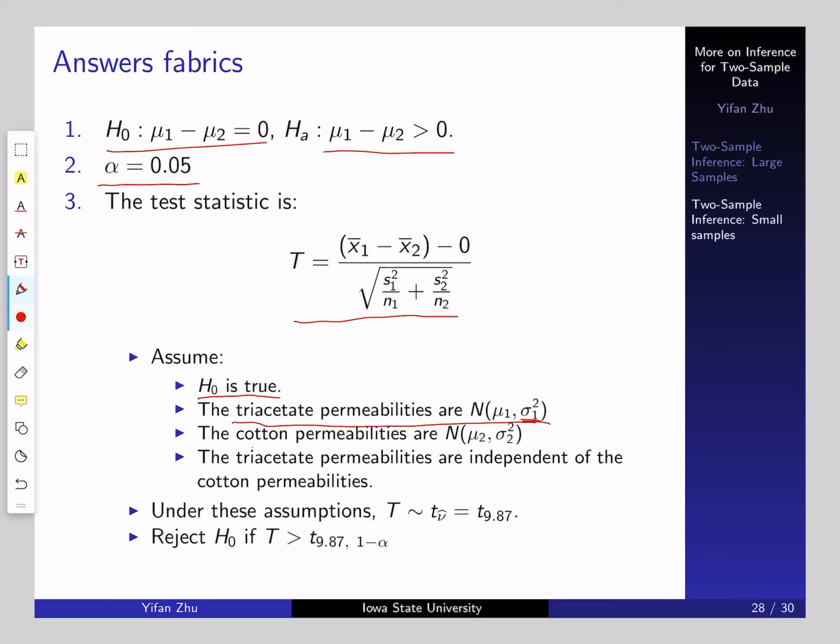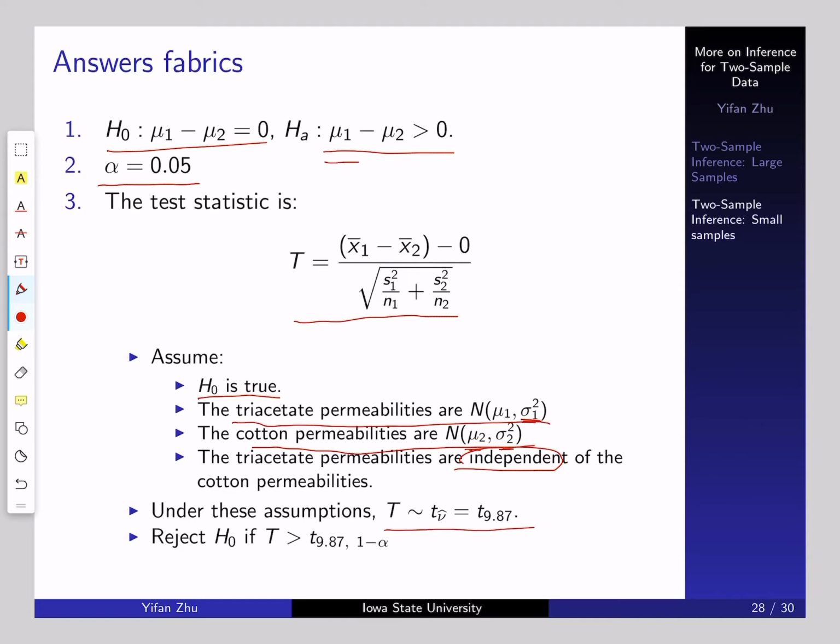And for the sample 2 group, the observations are iid normal with mu2 and sigma 2 squared. And the two samples are independent of each other. Under these assumptions, we will have a reference distribution of t with degrees of freedom 9.87.